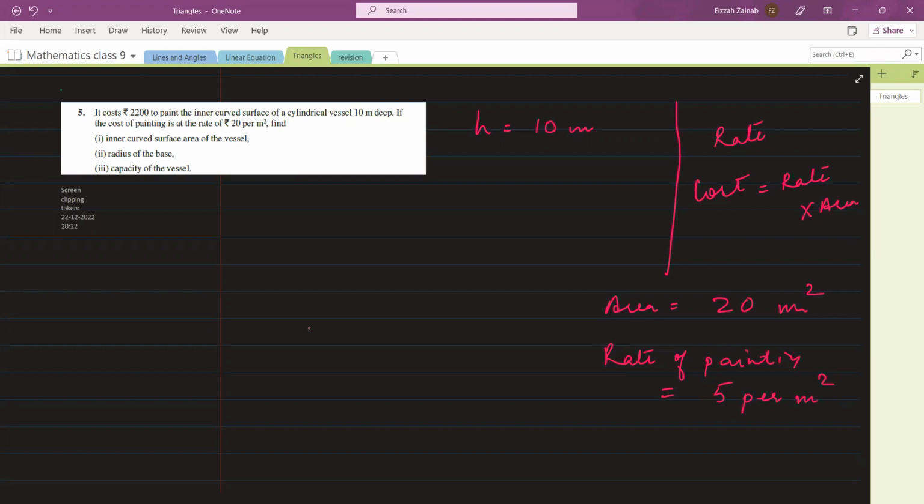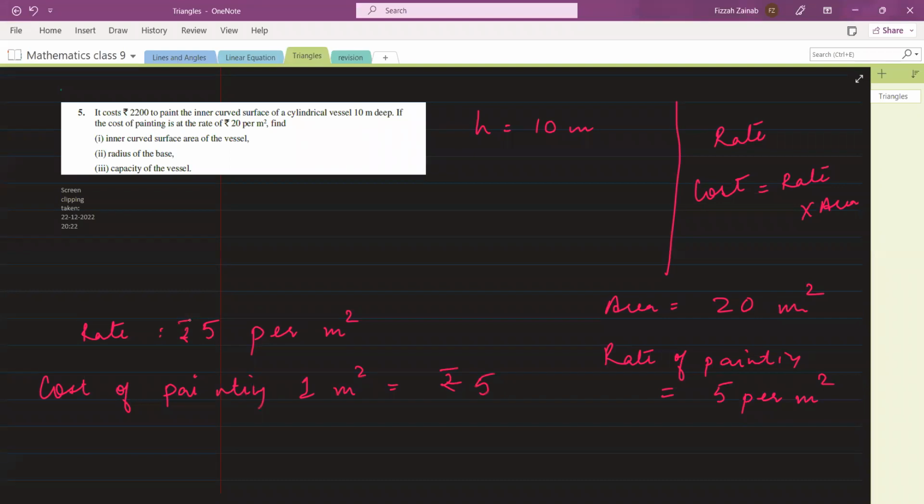Now, what is the meaning of rate? When it is written 5 per meter square, what is the meaning of it? That means the cost of painting 1 meter square is rupees 5.